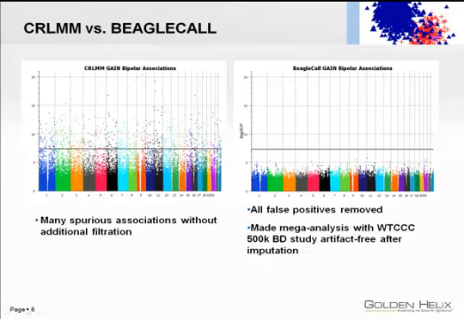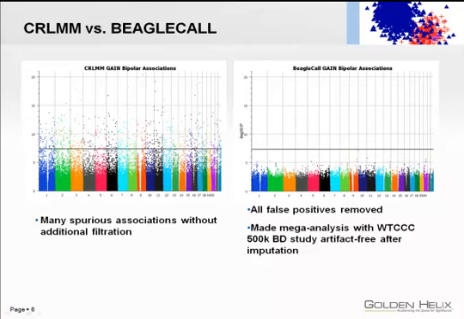Now, BEAGLECALL does do some filtering of SNPs, in that if there are big departures from Hardy-Weinberg or very low call rates, after there are multiple phases of calling and imputation. But this is apples to apples in that we use the exact same set of SNPs that were called in BEAGLECALL as C-realm, and we still had a lot of spurious calls with C-realm.